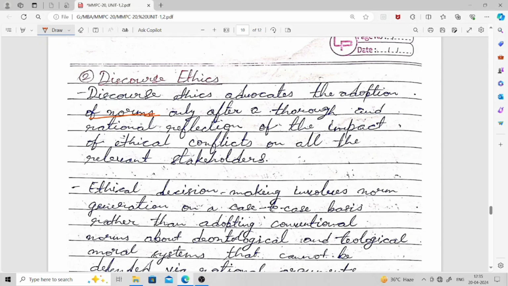It means here we should rationally analyze the impact of ethical conflicts on all stakeholders, then decide. So ethical decision making involves norm generation. Norms should be generated by the discussion of all stakeholders on a case to case basis, and then according to those norms decisions should be taken.